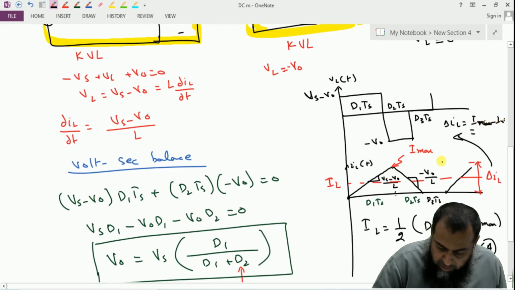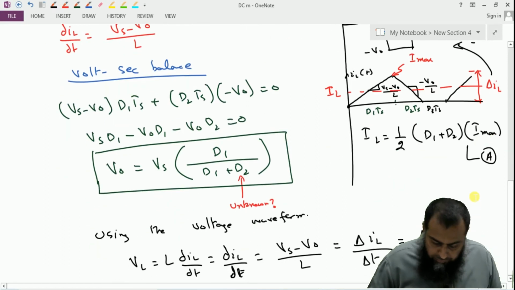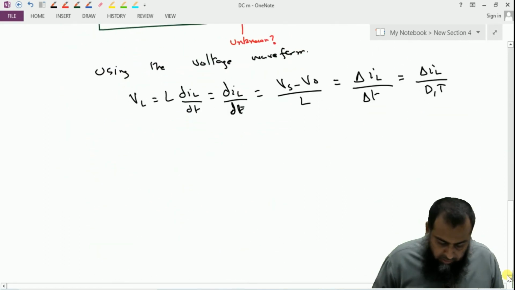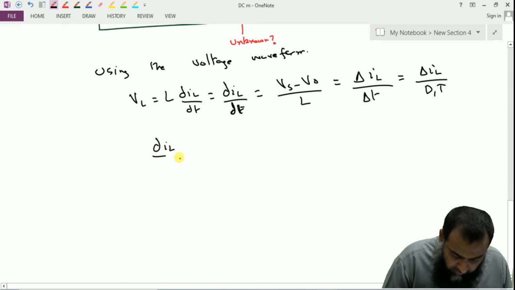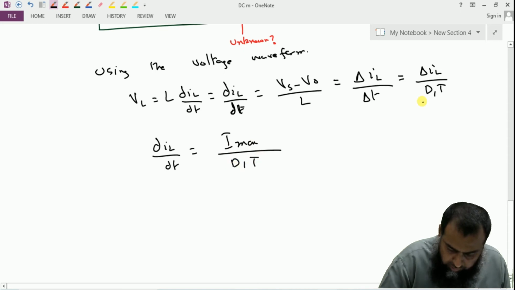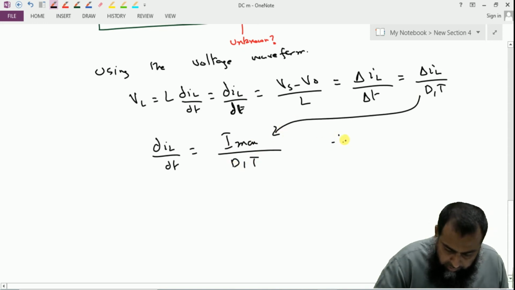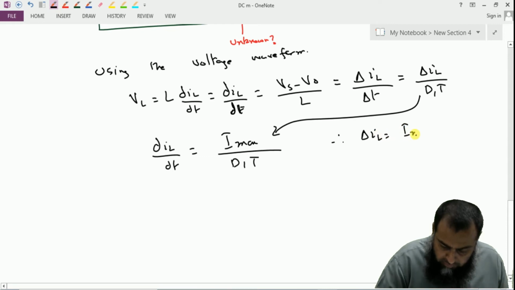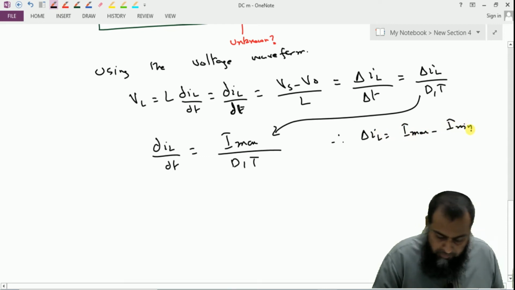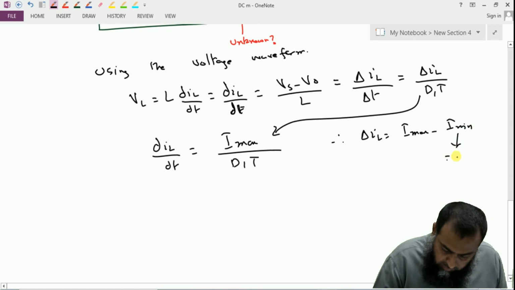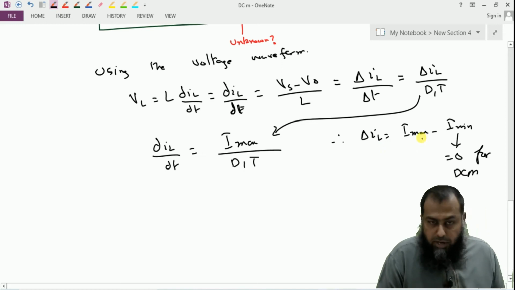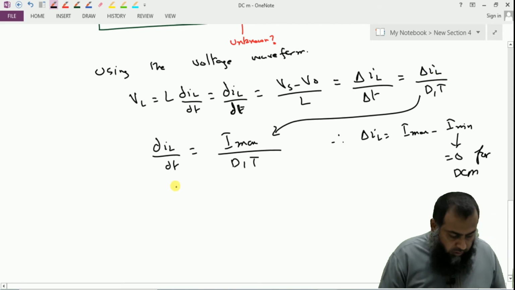Since I minimum is 0 for this DCM mode, delta I_L becomes equal to I maximum. So dI_L over dt is equal to I maximum over D1 T.